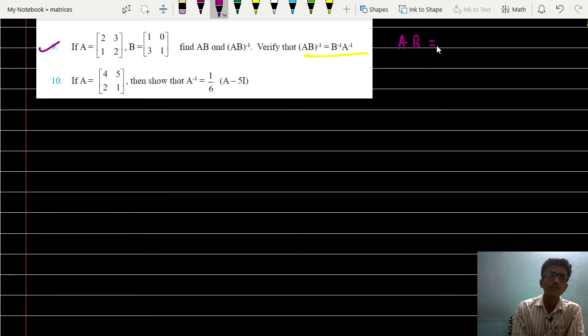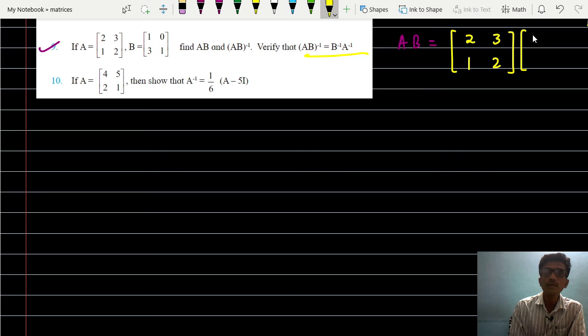A into B multiplication, first we write, matrix multiplication is not commutative. That is 1 2 और फिर इसके बाद B लिखना है 1 0 3 1. First row into first column, that is 2 plus 9, 11.